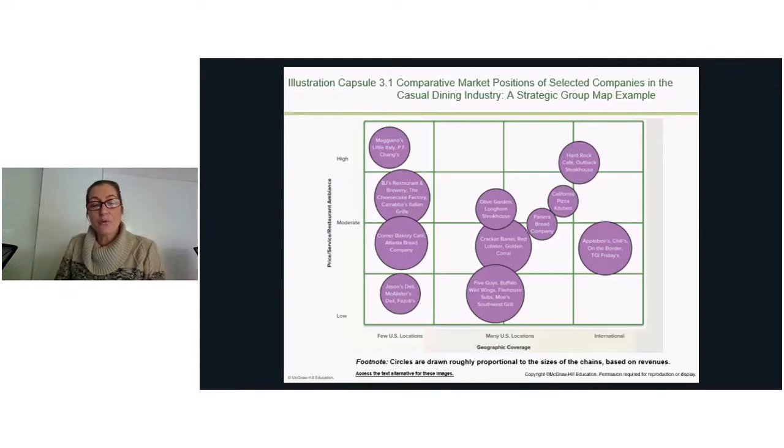So that's the industry that we're operating in. If we said, for example, the restaurant industry, then that's a very broad industry definition, and who we plot on this map would be above and beyond what is in this more narrowly defined industry, narrowly defined as casual dining.